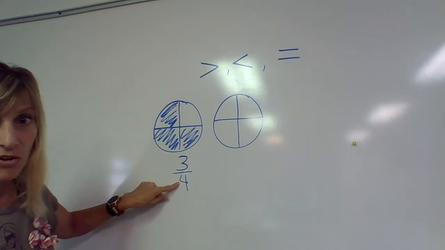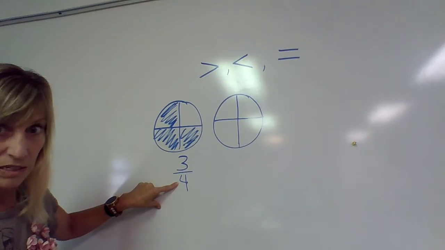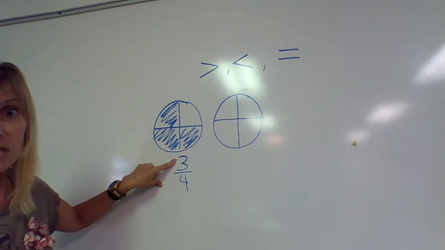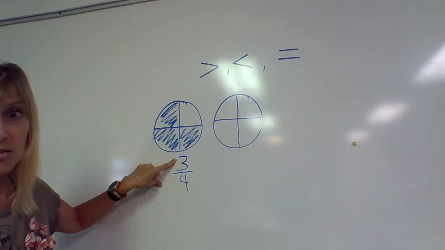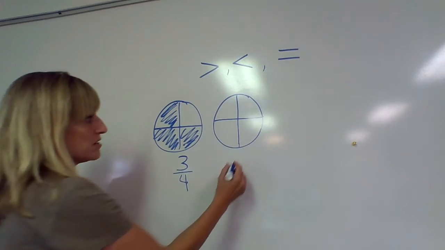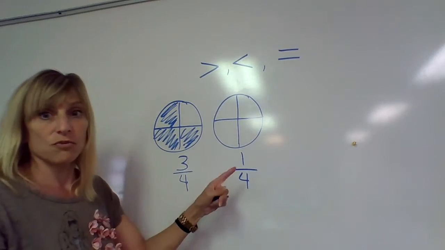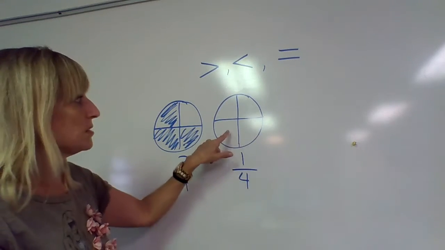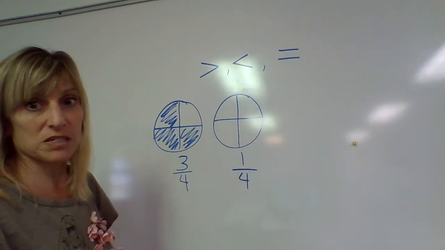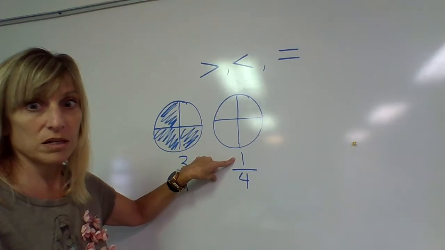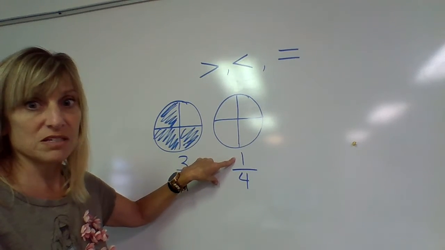So that means our cookie's divided into 4 pieces and we're coloring in 3 sections of that cookie. The next fraction over here is 1/4. That means this cookie also has 4 pieces, but we're only coloring in 1 of the 4 pieces.